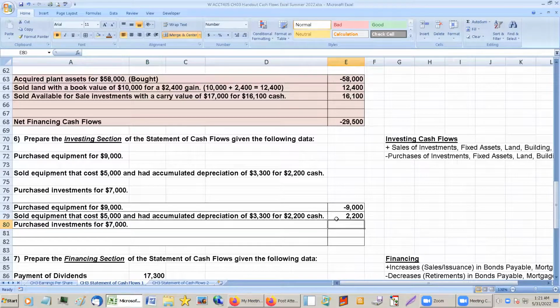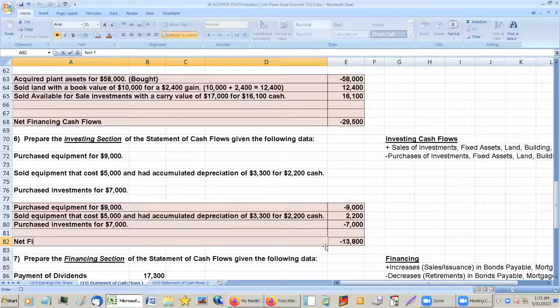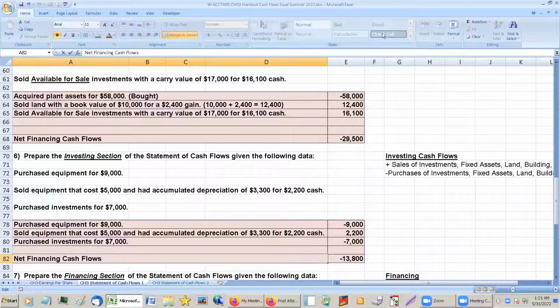Purchased investments. By the way, the investing cash flows are usually negative.